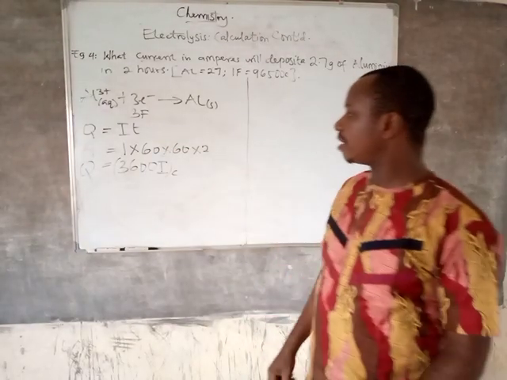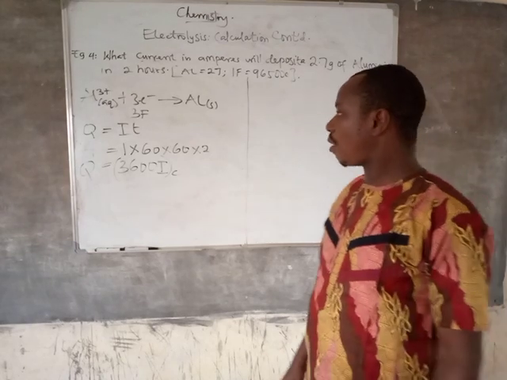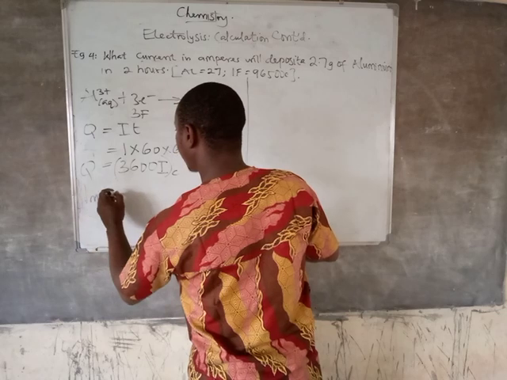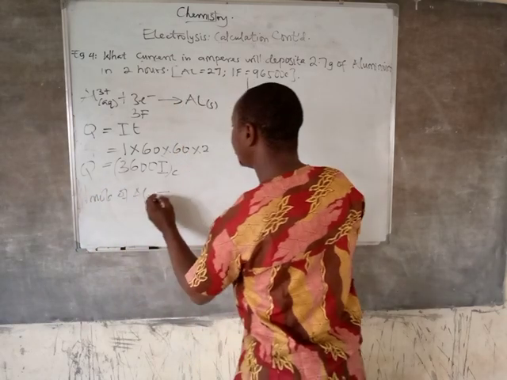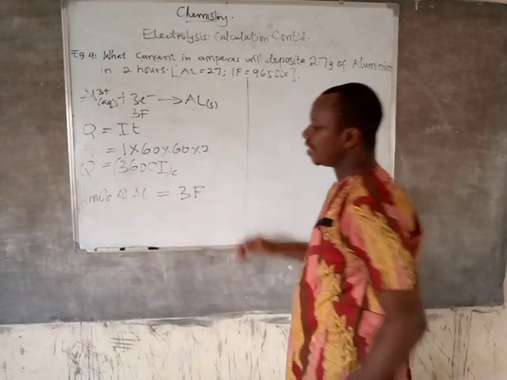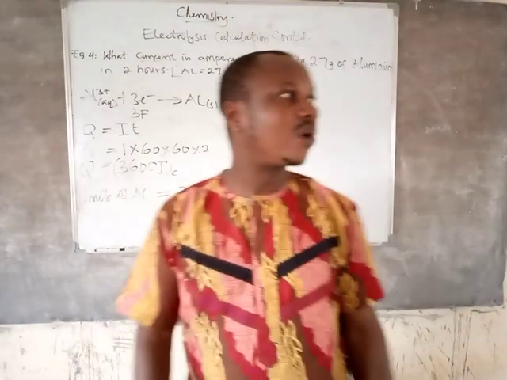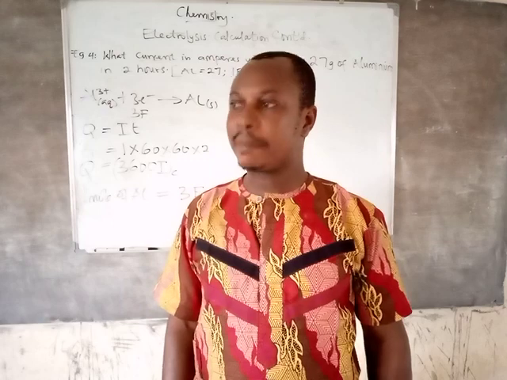It's a simple conversion. Now, remember that 1 mole of aluminium is deposited by 3 Faraday of electricity, and 1 mole of every element equals the relative atomic mass.